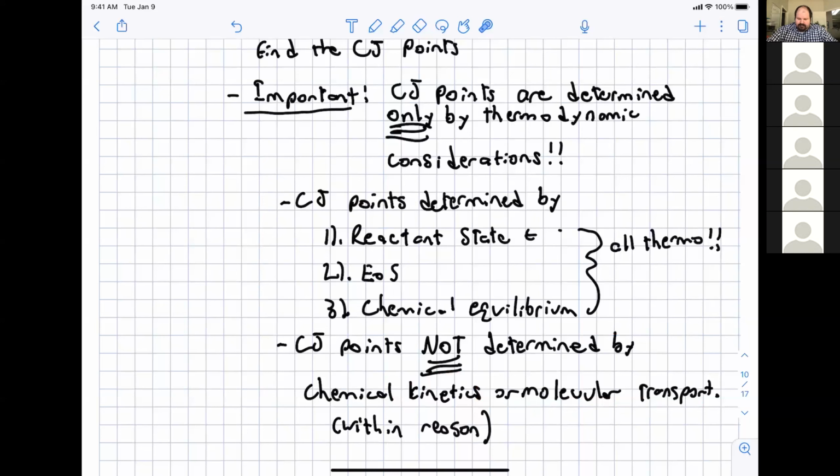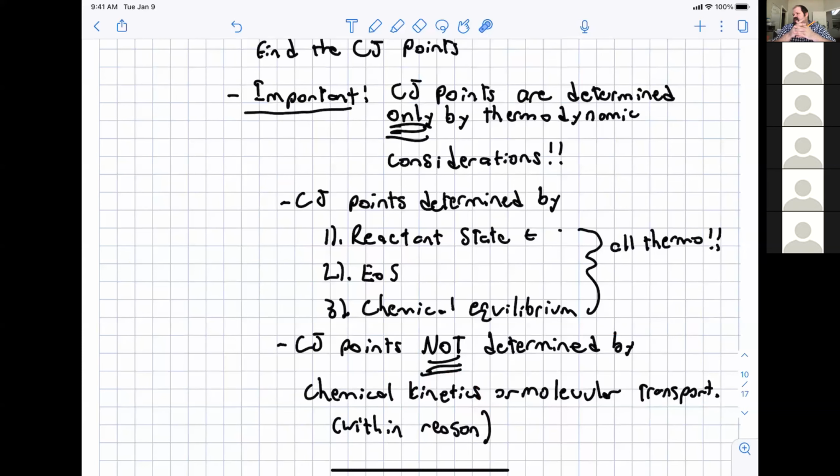So the whole point of the reaction, considering the CJ point, is that the CJ point is not affected by it, but the path that it takes may be affected by it. It would just be a different path depending on the reaction.